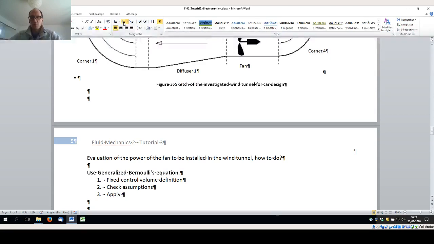And after, apply the generalized Bernoulli equation by defining the different head losses and the turbomachines, the machines in use.